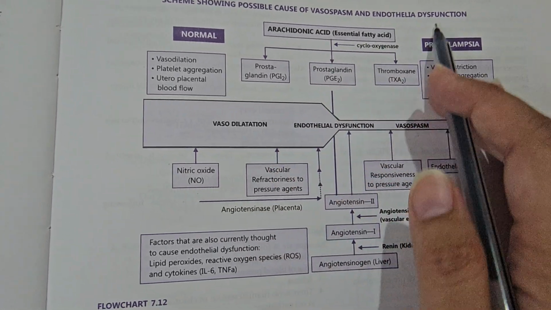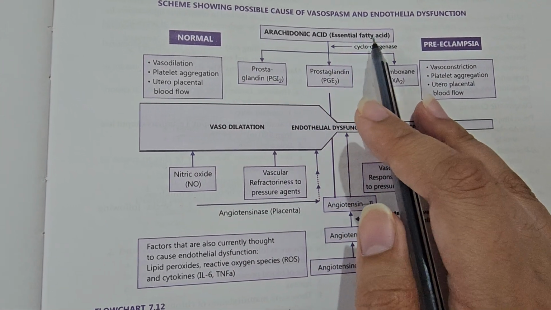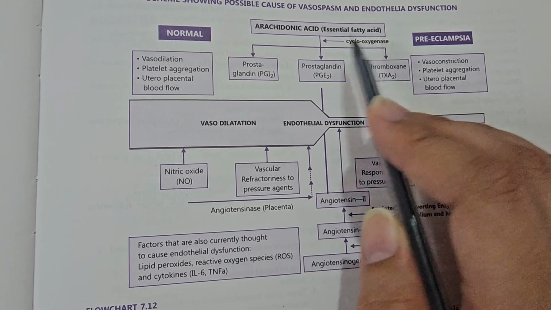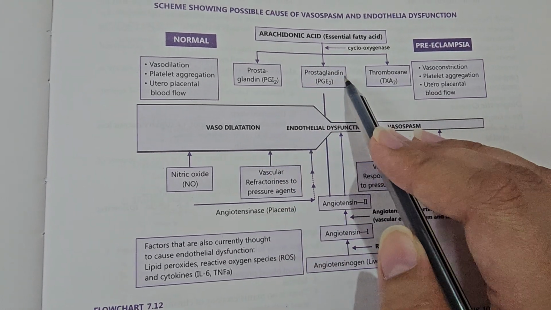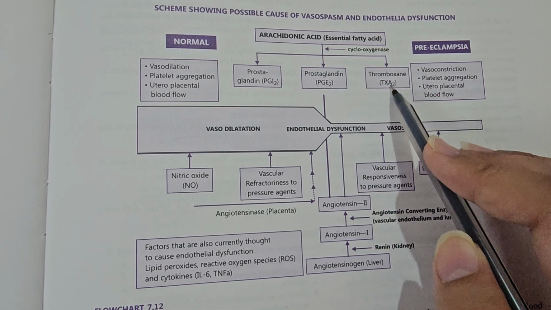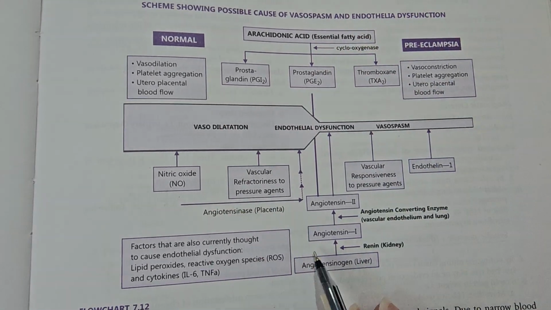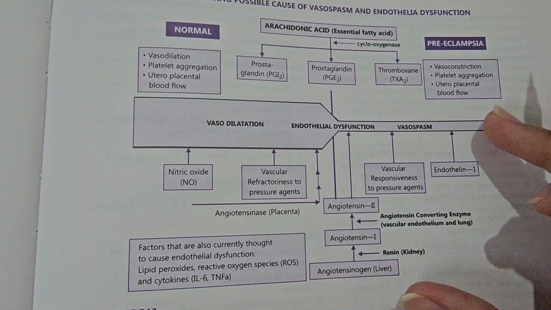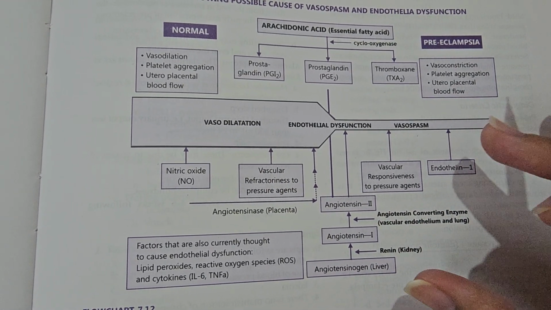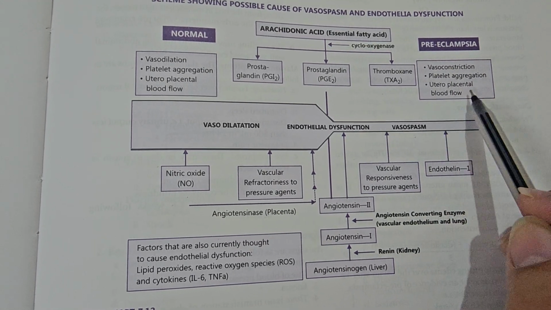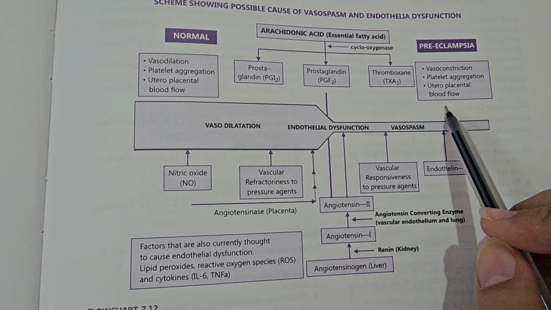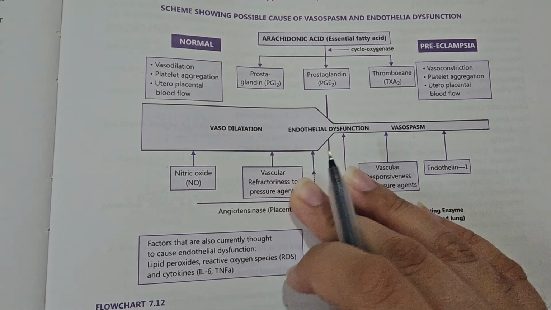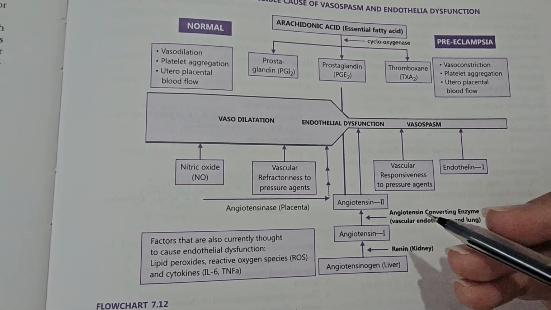These release arachidonic acid, an essential fatty acid, with the help of the enzyme cyclooxygenase: prostaglandin PGI2, prostaglandin PGE2, and thromboxane TXA2. This happens when endothelial dysfunction and endothelial injury happen. This is called inflammation in the blood vessels, especially in the uteroplacental blood flow at the spiral arteries, the capillary circulation.